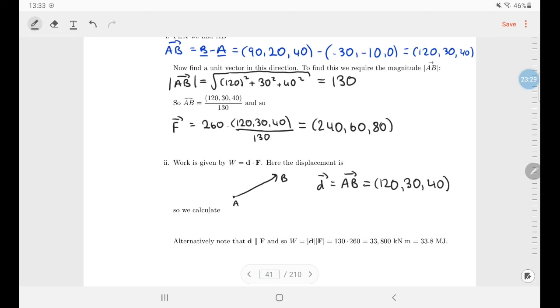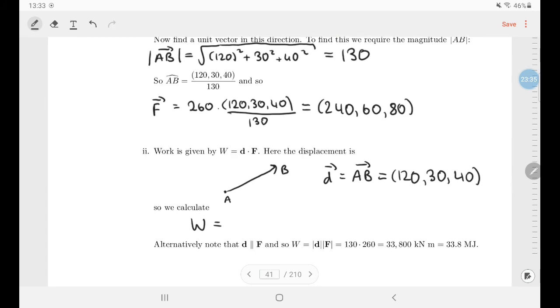So we simply calculate work as the displacement, which here is in bold rather than with arrows, scalar or dot product with the force. So you get (120, 30, 40) dot the force, which is written above, (240, 60, 80).